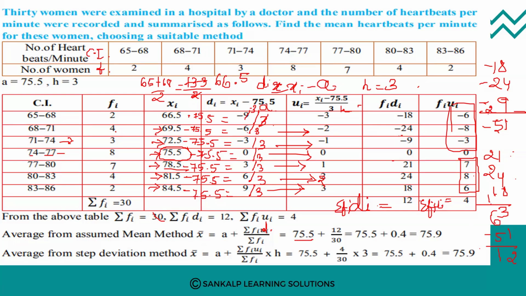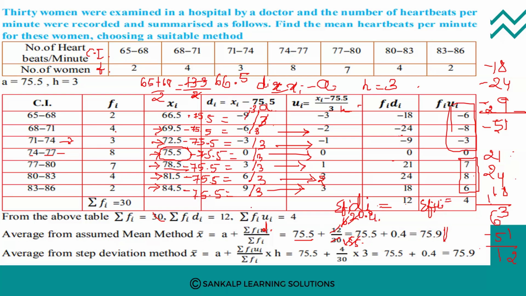Plus sigma Fi di is 12 divided by sigma Fi is 30 is equal to 0.4. That is 75.5 plus 0.4 is equal to 75.9. This is the mean by assumed mean method.